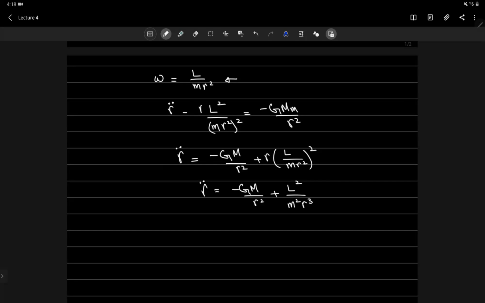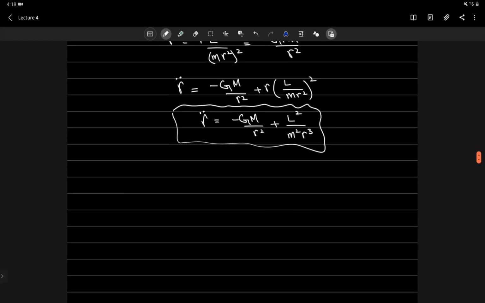ठीक है. Now to solve this equation, ये जो हमारे पास अभी आई है, this differential equation, we will use, well, a trick, right? And that is कि हम सबसे पहले एक substitution करेंगे where we will say u is equal to 1 over r, and we will use the constant nature of angular momentum.